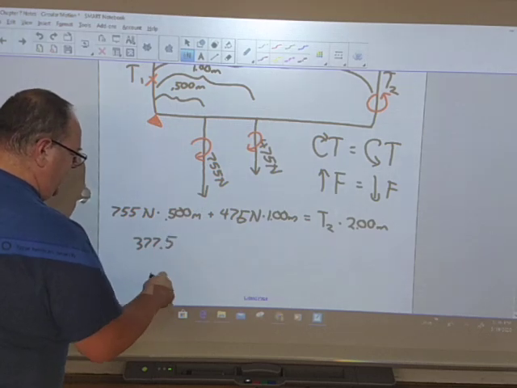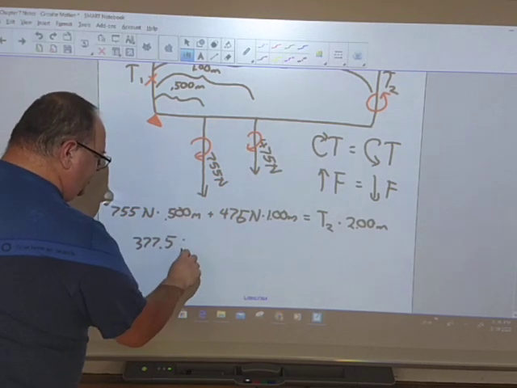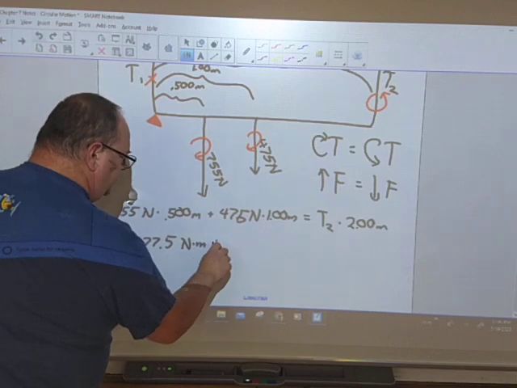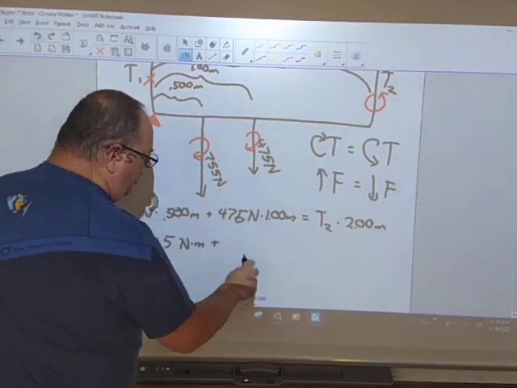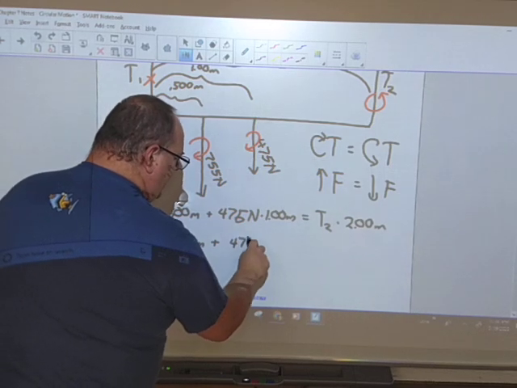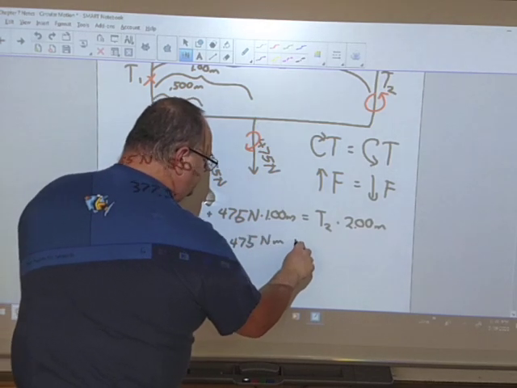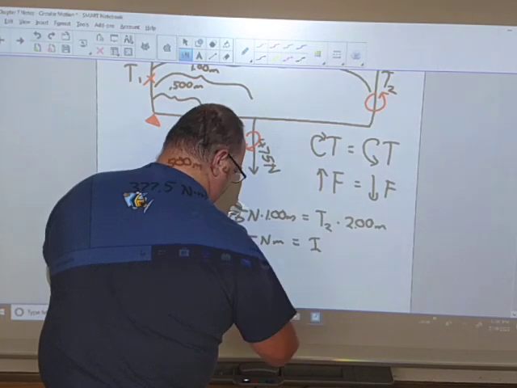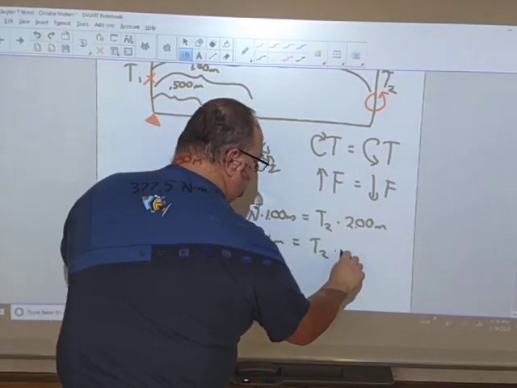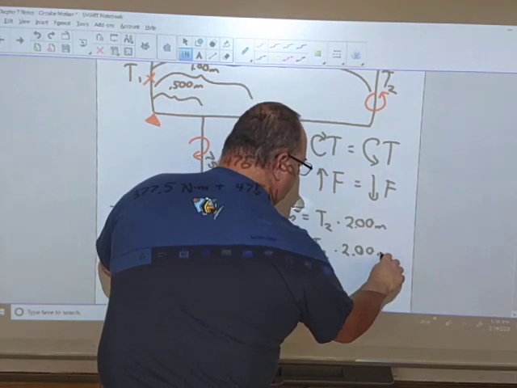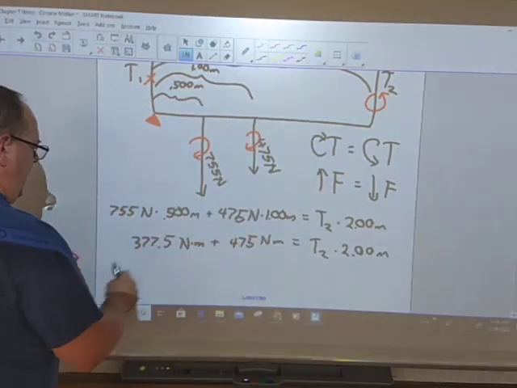I'll round off at the end. I know it should only have 3 sig figs. Newton meters plus, well, 475 times 1, which is 475 Newton meters, equals T2 times 2.00 meters. So I'm going to add these together.